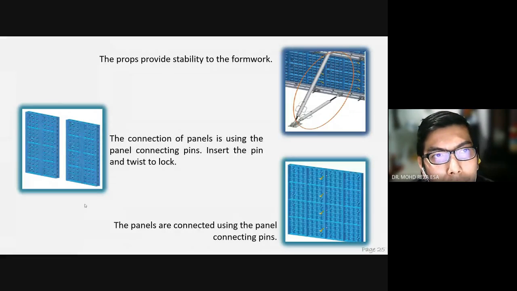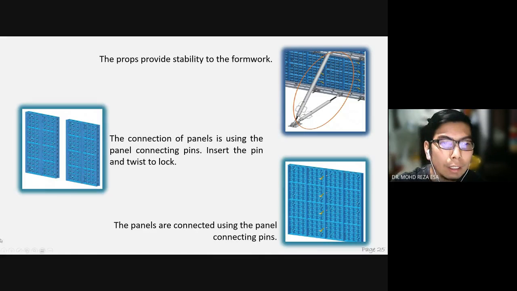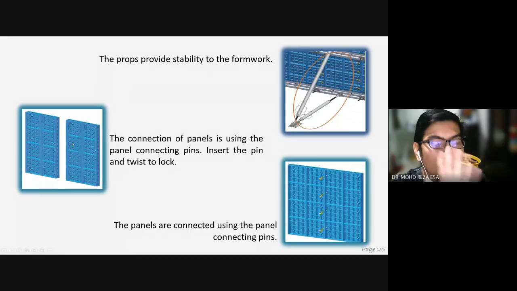And then of course kita ada props, okay, sama ada you gunakan plastic formwork, aluminium formwork or steel formwork, you will need props for your wall, for your formwork system untuk dapatkan stability. And the connection of panel is using the panel connecting pins, insert the panels and twist to lock. Okay, so kita ada komponen dia ada, memang dekat plastic formwork tu dia dah ada hole je untuk connecting pin tu. Okay, kita masuk and then kita akan twist untuk lock ni.